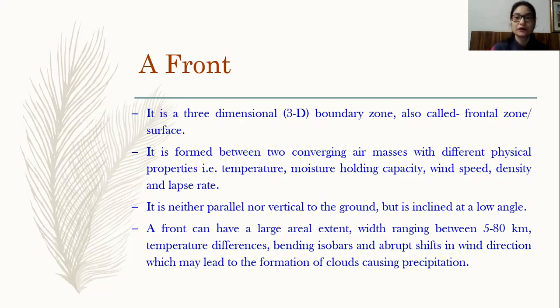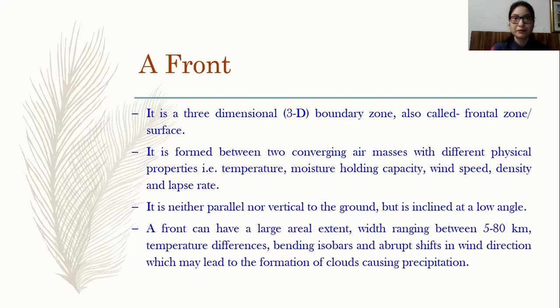Okay, so this thing needs to be understood very well, that of two air masses, one air mass will be hot and another air mass will be cold. Both of them will have different characteristics, different wind speeds, different directions they are coming from.